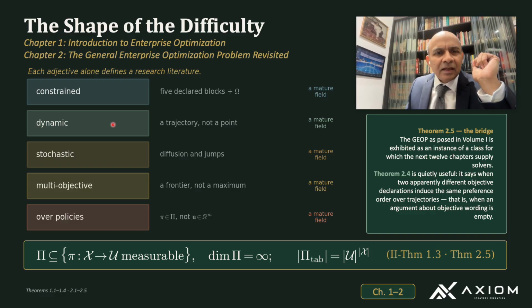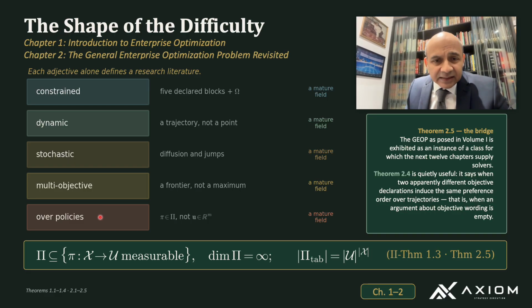Dynamic: the object being optimized is a trajectory through time, not a single static point. Stochastic: uncertainty enters through both continuous diffusion and discrete jumps. Multi-objective: there is generally a Pareto frontier of efficient trade-offs, not one universally best scalar maximum.